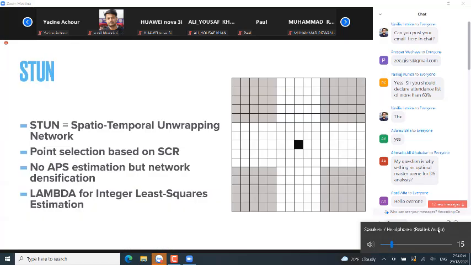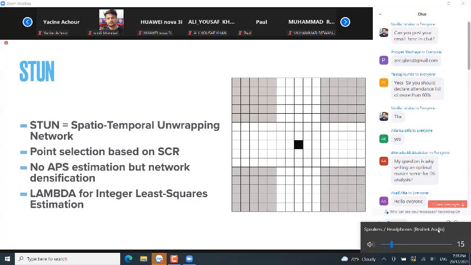All right. Anyway, now let's take a look at the first alternative method, which is done here. This is the spatial temporal unwrapping network. First difference would be that the point selection is based on the signal to clutter ratio.